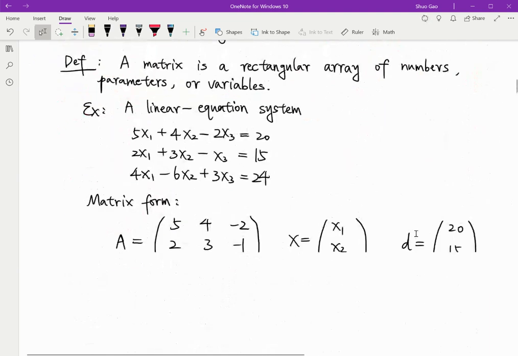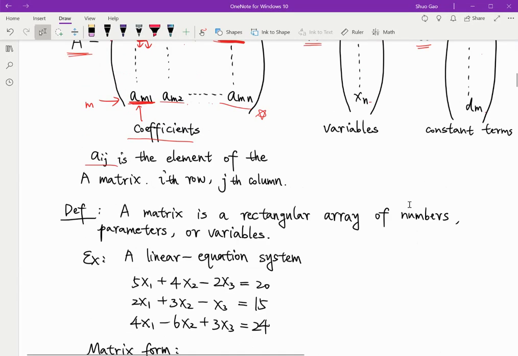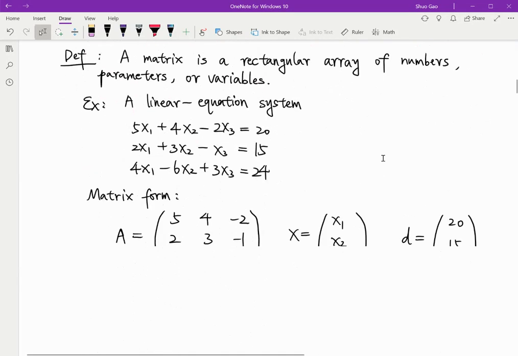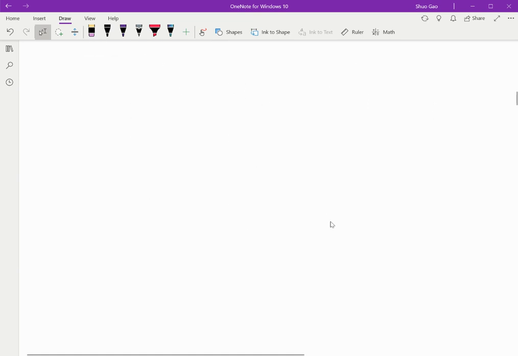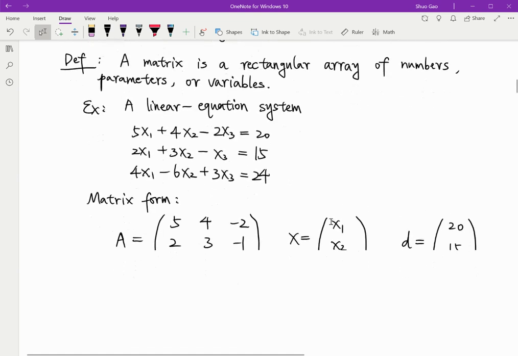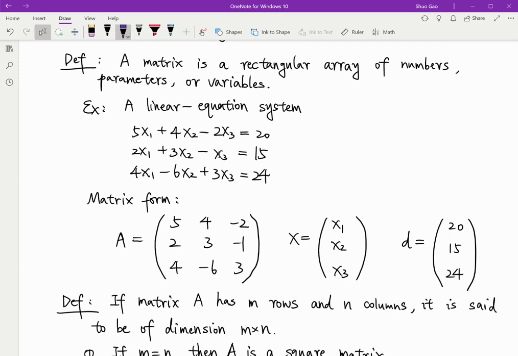Okay, so we have our definition for matrix. A matrix is a rectangular array of numbers, parameters, or variables, right? So here, the coefficient matrix A contains all the coefficients.